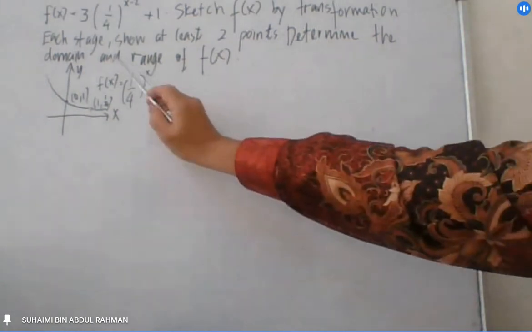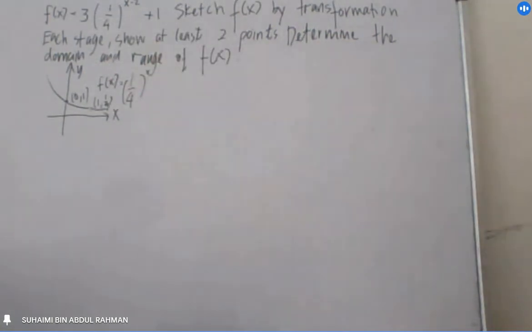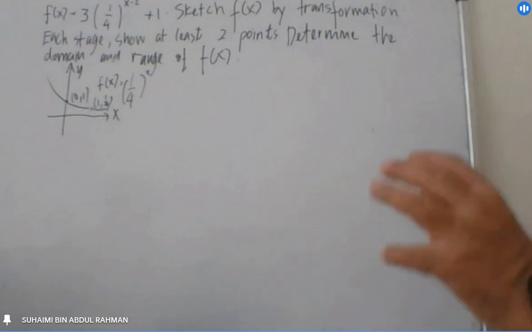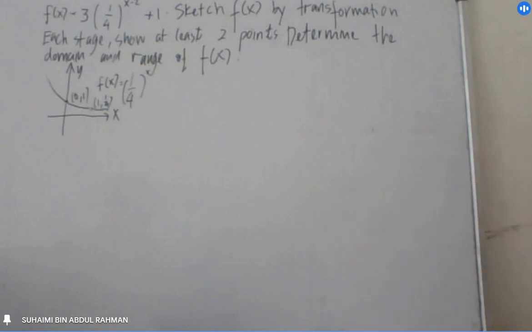So this is what we call the basic graph. We don't do anything yet. No process of transformations has started yet. Every time we want to make transformations, we have to start with the basic graph. We have to determine which one is supposed to be our basic graph.